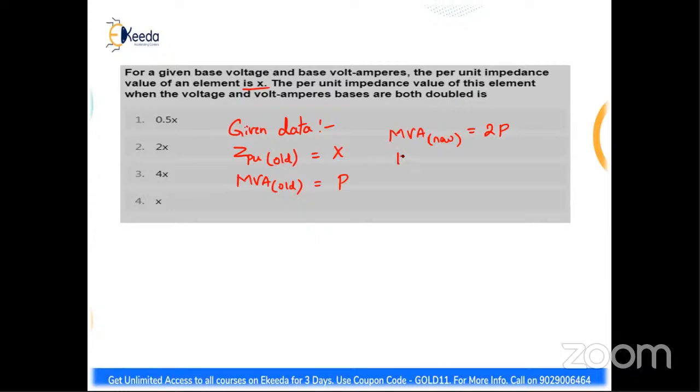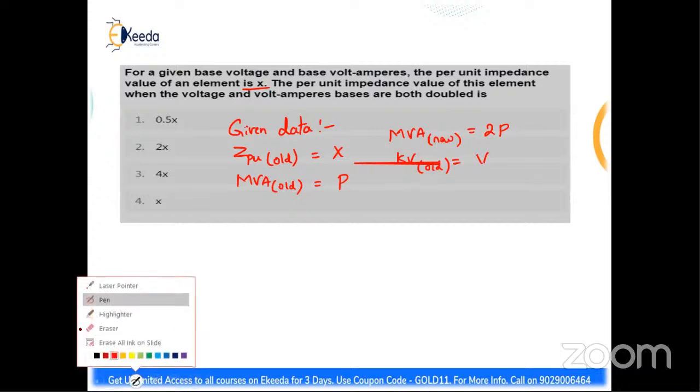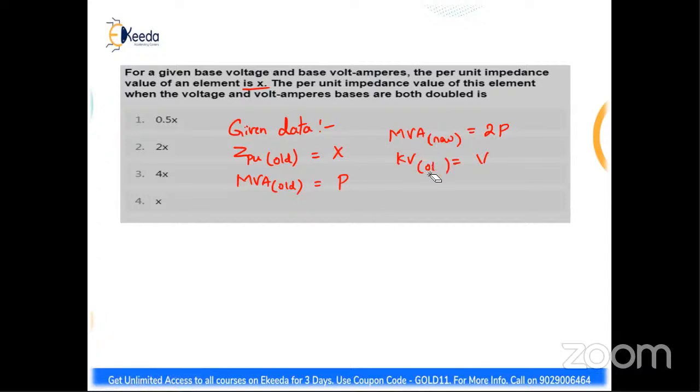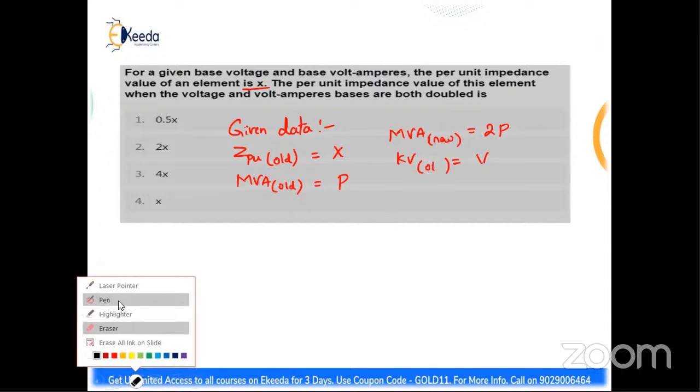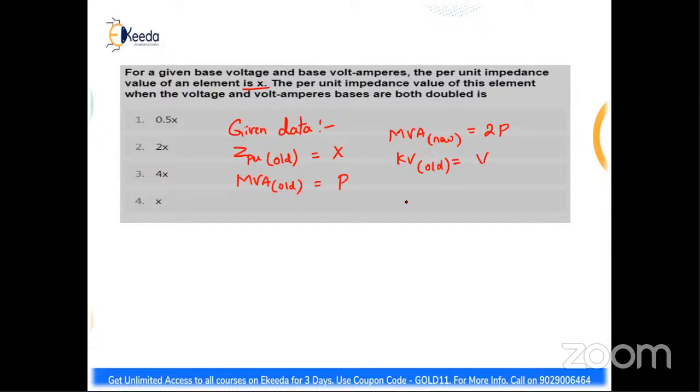So next, kV old is equal to V, that is voltage, and kV new is equal to 2V. Okay, therefore solution, no need of worrying, just substitute the formula.